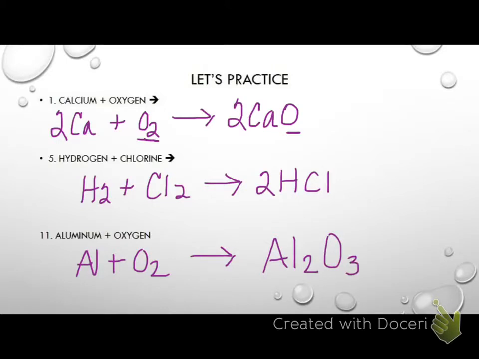Now I need to balance this. I notice that I have 2 oxygen here, 3 oxygen there. The only way to get that balance is to make them both be 6. So I'm going to put a 3 in front of the first oxygen, and a 2 in front of the second. That gives me 4 total aluminum, so I'm going to put a 4 here, and now it is balanced.